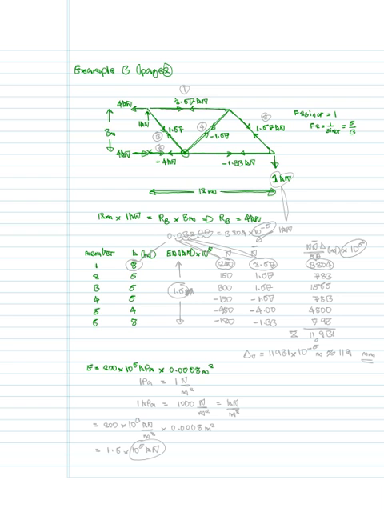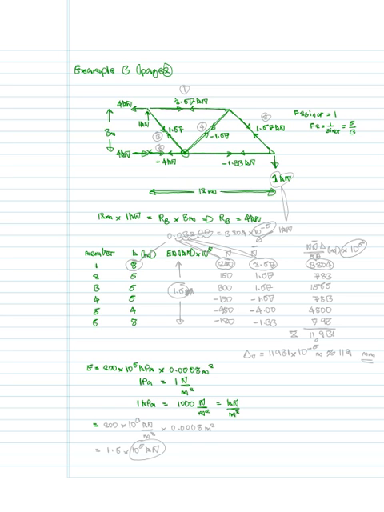So, knowing that 1 Pascal is equal to 1 Newton per meter squared, and that 1 kilopascal is equal to 1000 newtons per meter squared, or 1 kilonewton per meter squared.